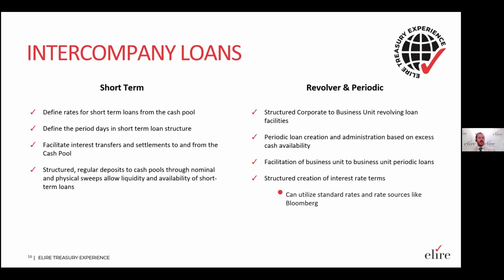So these interest transfers are incredibly important when we're thinking about facilitating either inter-business unit loans or the ones between the corporate IHB and the individual loan recipient. Instead of having to track manually what an individual company might owe, it can be pulled automatically.